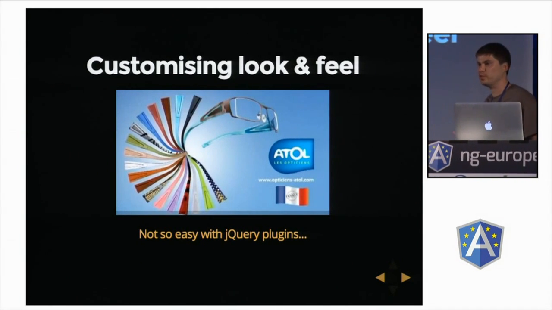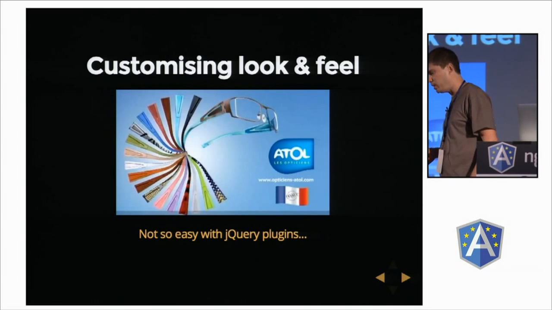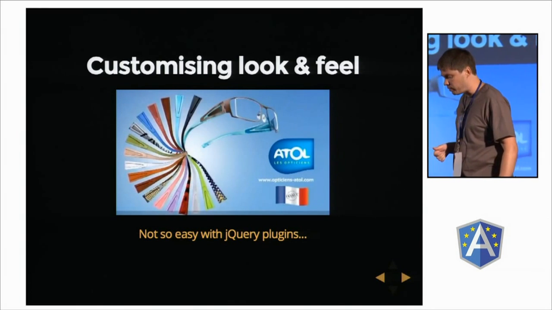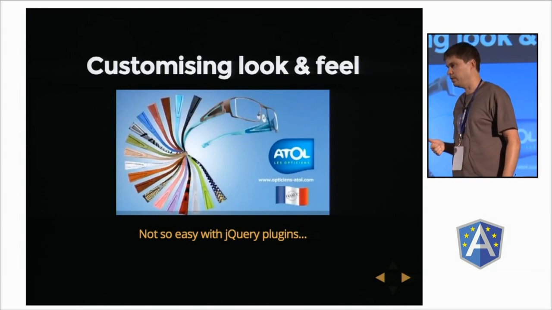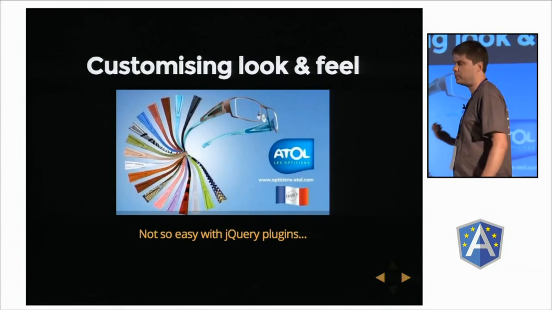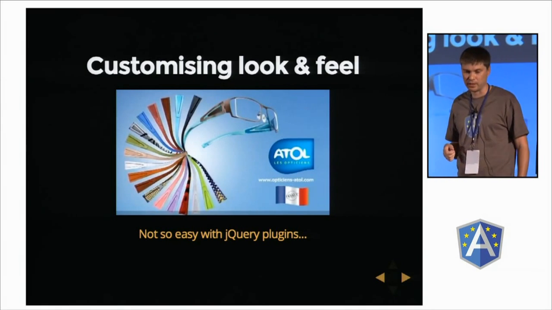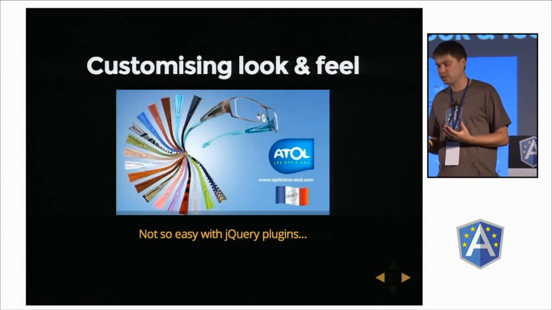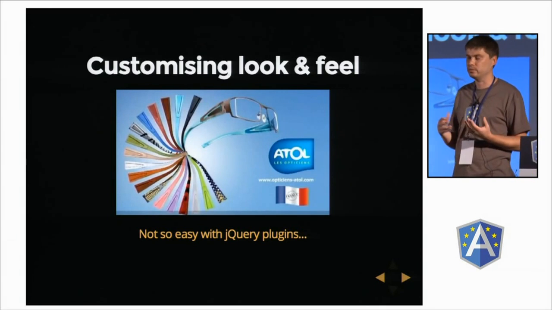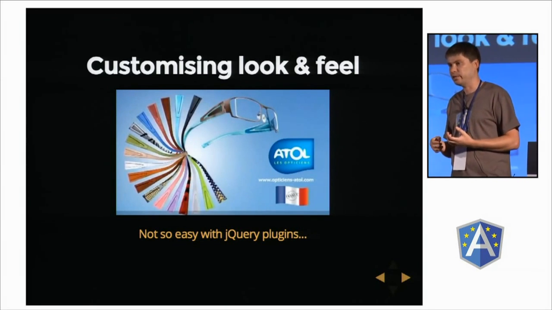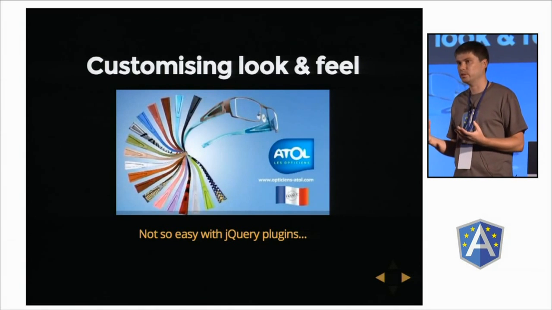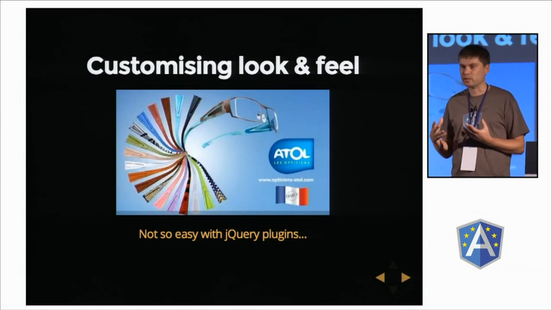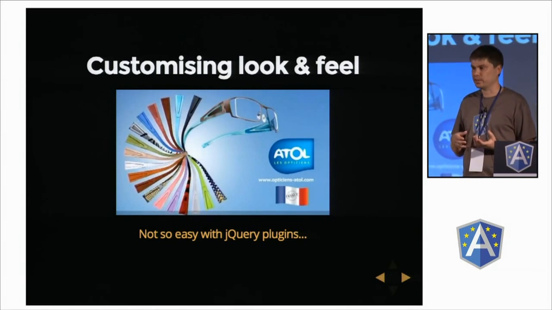So the most obvious thing to do when we talk about customization and directives is to actually change the look and feel of the thing that we are delivering. Because if we look at the pagination or tab set or some other widget, the logic is pretty uniform. I mean, they always behave the same. We just want them to look different.